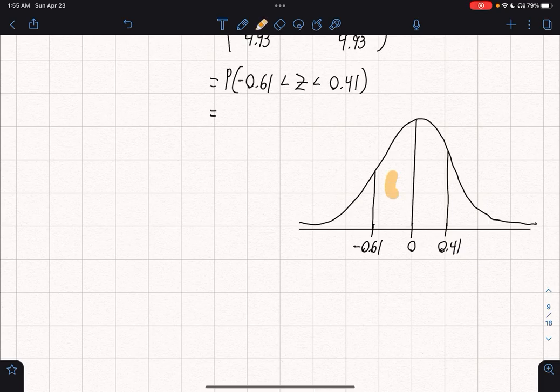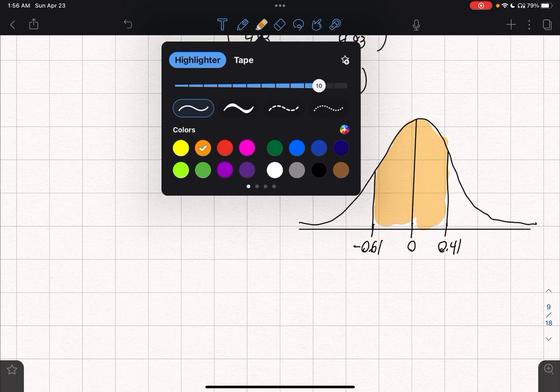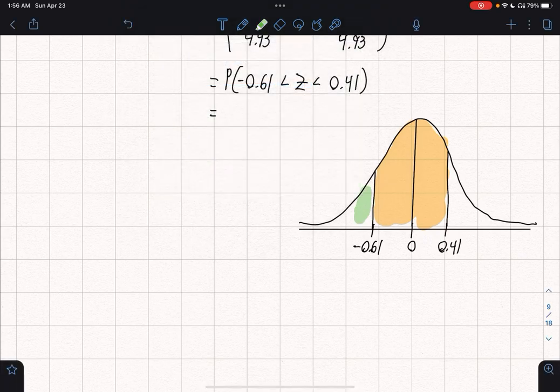And we want to find the area between these two values. Okay, so might need to be a little clever here. So we can look up this area in our table.